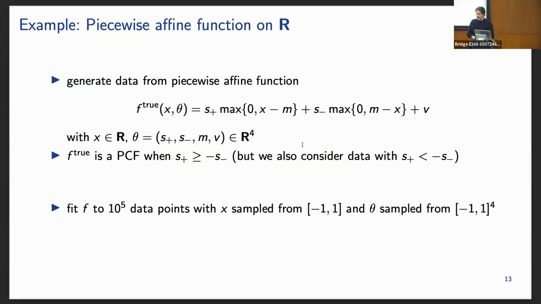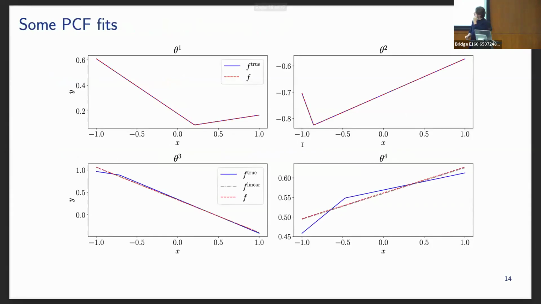We sample a bunch of data points and fit the PCF. We see that we recover the true function when it is a PCF, as expected. If it's not, we're rediscovering the least squares fit, which is kind of trivial, but it's just a little example.